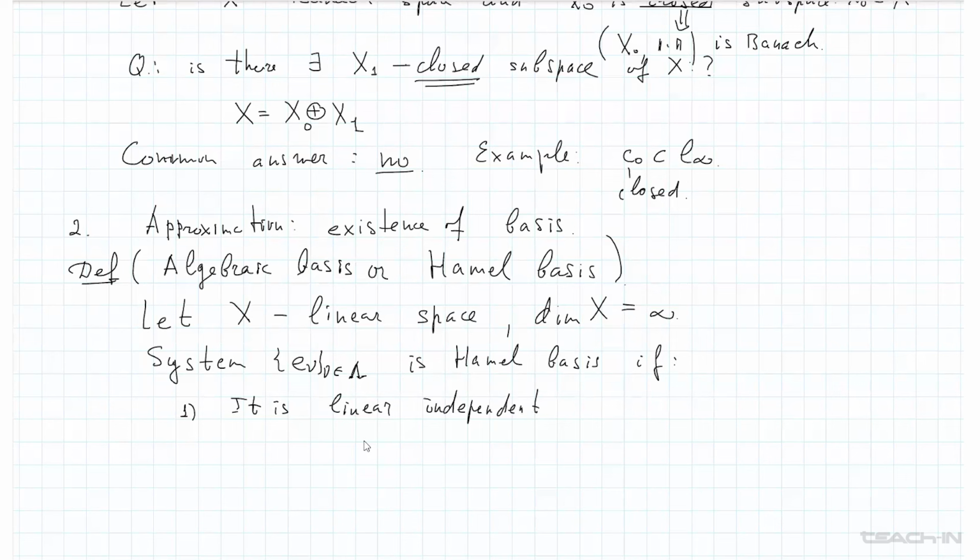What do we mean if we define the linear independence of an infinite system? How do we define the linear independence of an infinite system? Who can answer this question?